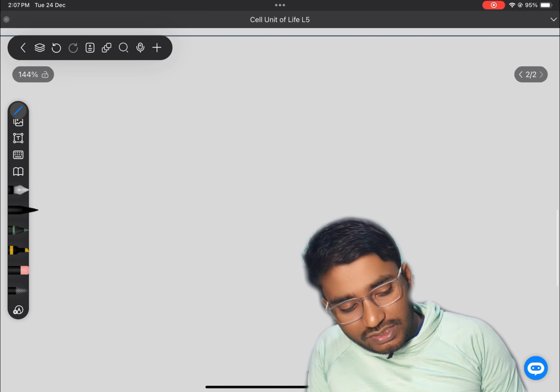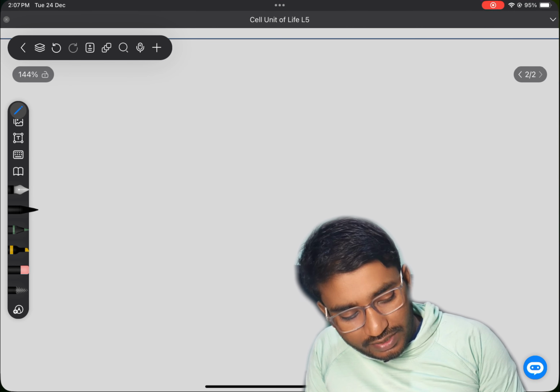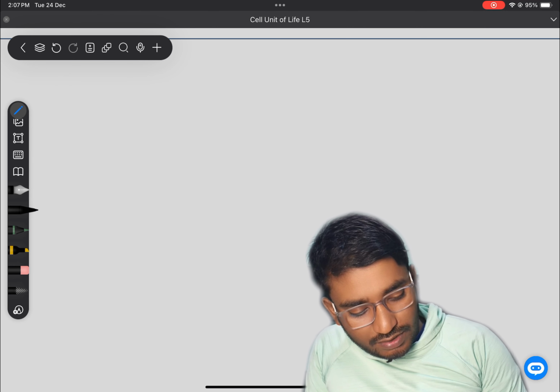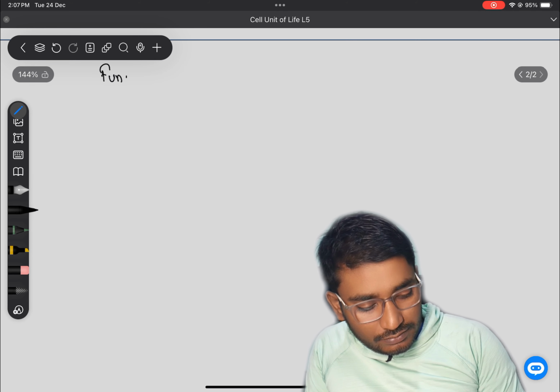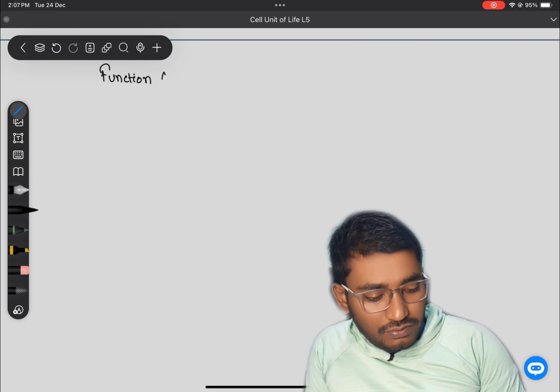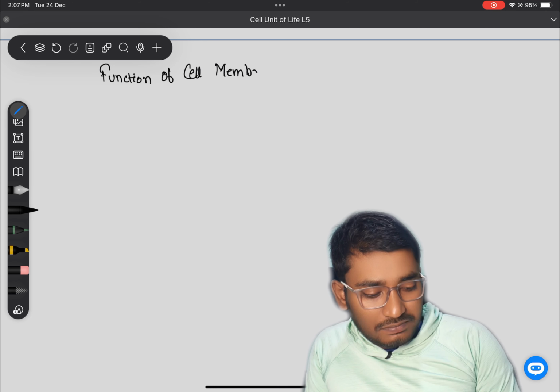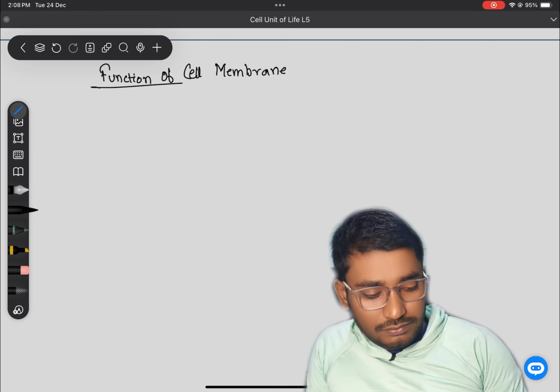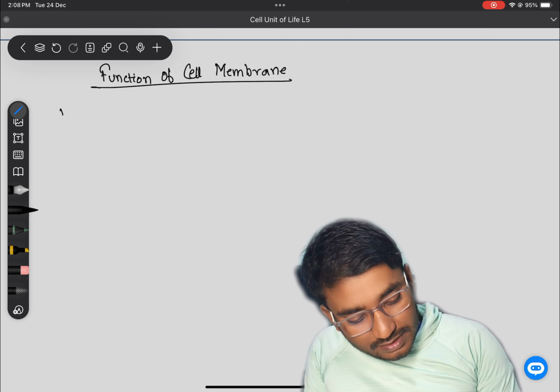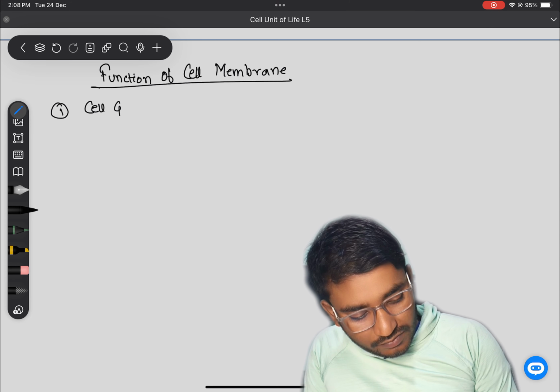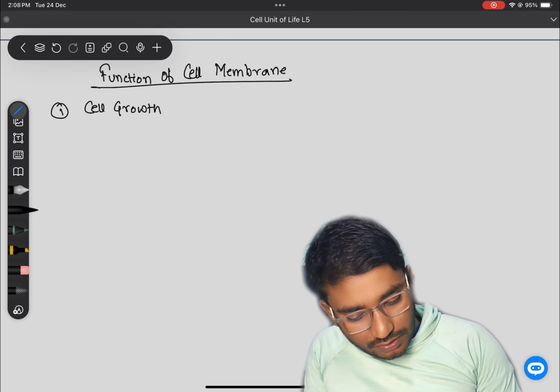Now the function of the cell membrane. Write the topic as function of the cell membrane. One is cell growth.